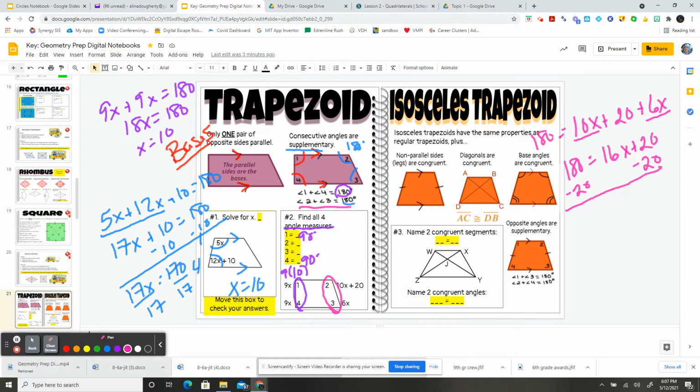I'm seeing a pattern here. 180 minus 20 is 160 equals 16x, and then x equals 10 again. If I put x equals 10, then this angle is 60 and this angle is 120. So angle 2 is 120 and angle 3 is going to be 60.